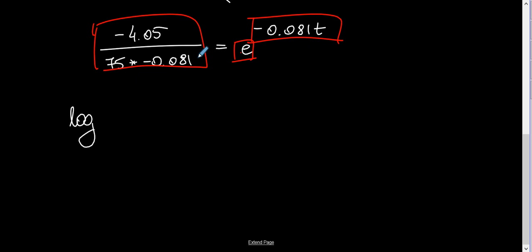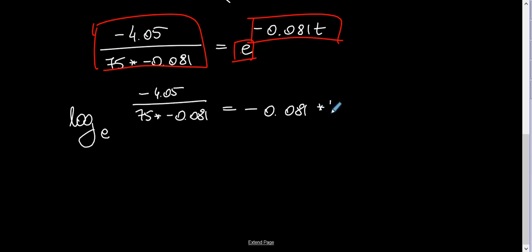Here our product is not going to be negative because I'm dividing a negative number by a negative number, so that's going to be a positive. So log of the base of e of the product equals my power, and again I want t with that number multiplication.